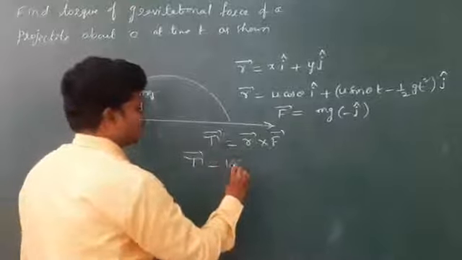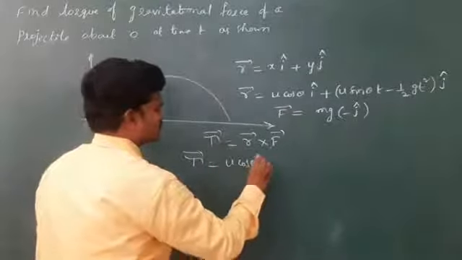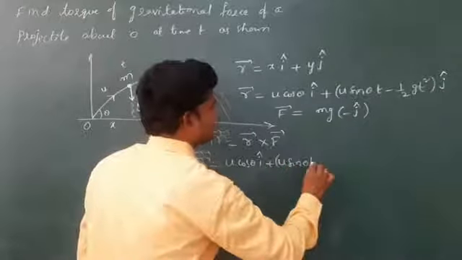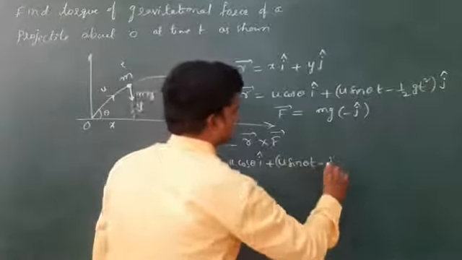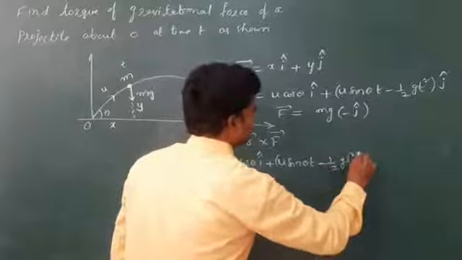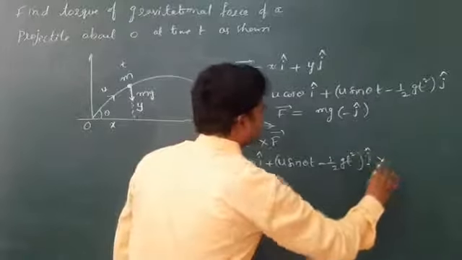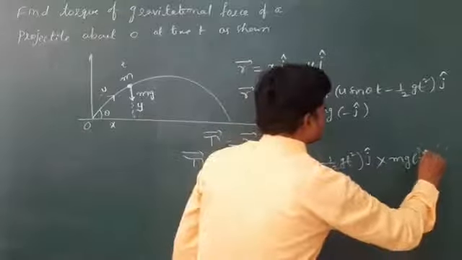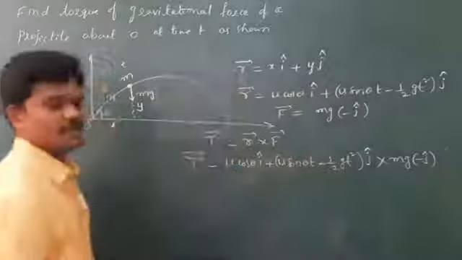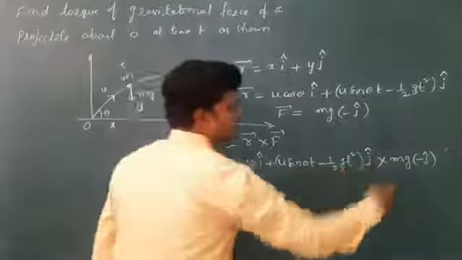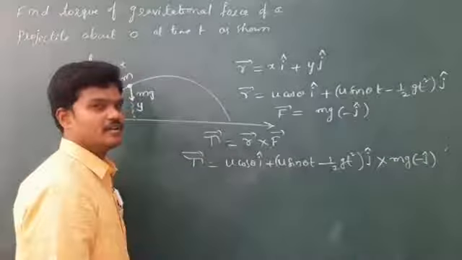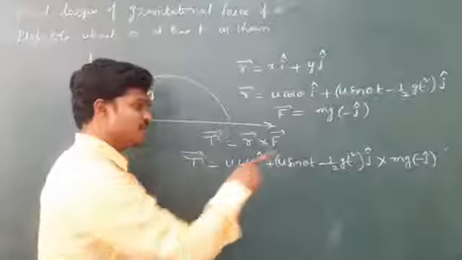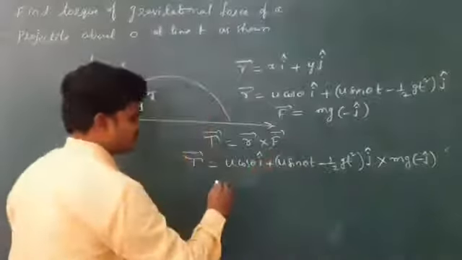Let us see. This is u cos theta t i cap, plus u sin theta t minus half g t square j cap, cross mg minus j cap. I think you remember i cross i, j cross j, k cross k is 0, and i dot i, j dot j, k dot k is 1. So the cross product of the same vector is 0.